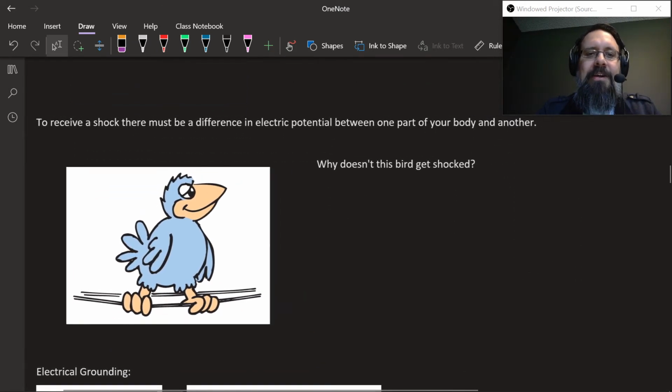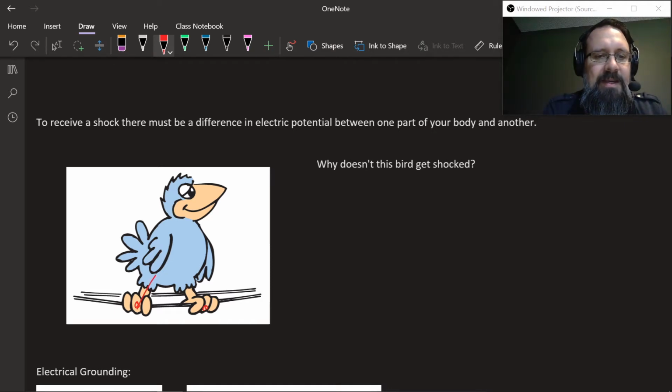So if you want to get shocked, if current is going to flow through you, there needs to be a potential difference across your body. One interesting thing: if you've ever seen birds on high voltage power lines, why don't the birds get shocked? The bird is touching an extremely high voltage power line, hundreds of thousands of volts. Why isn't the bird getting burnt to a crisp?